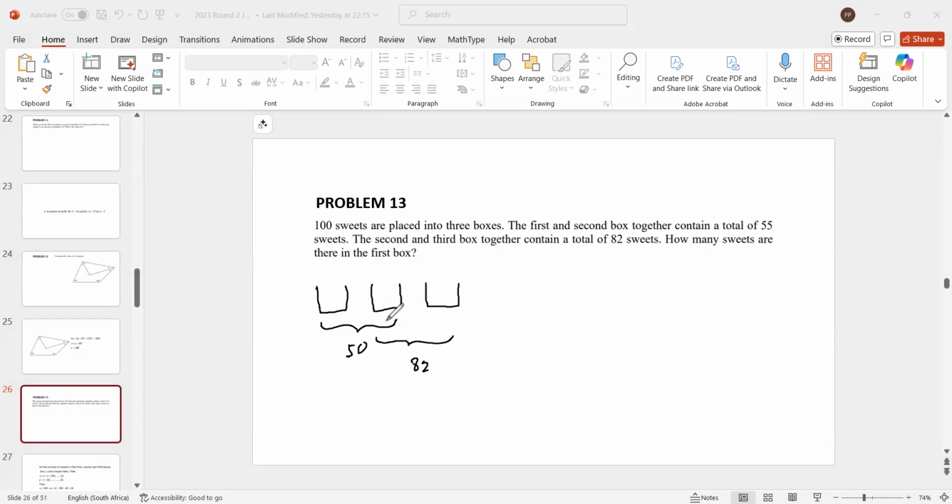Now you can see this box is common here. Let's call these X, Y and Z. Actually, this is very easy, because there are 100 sweets altogether.